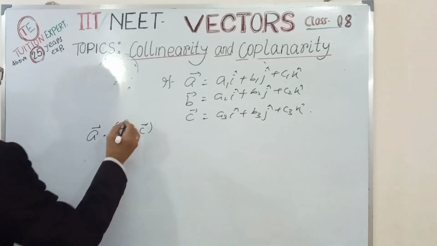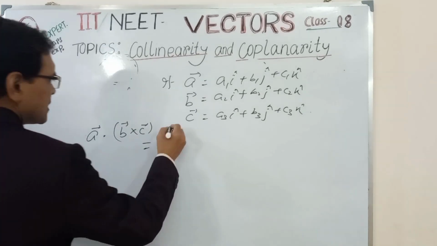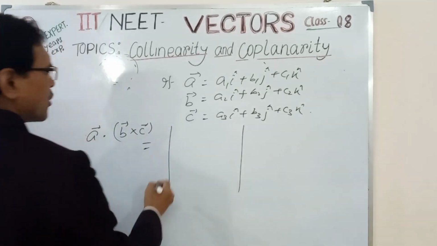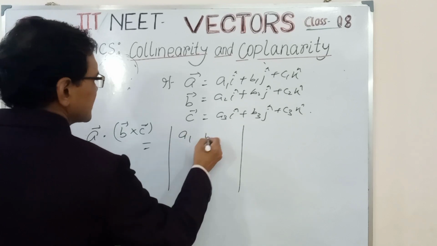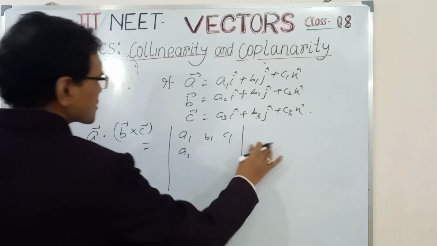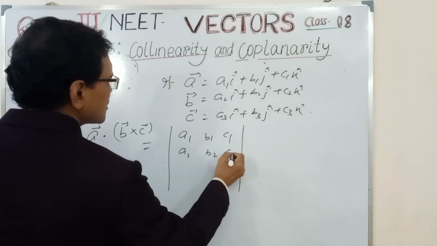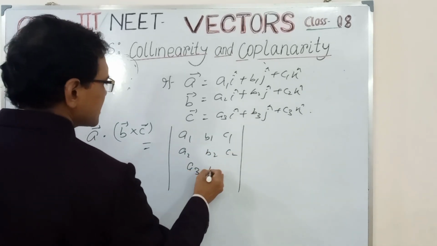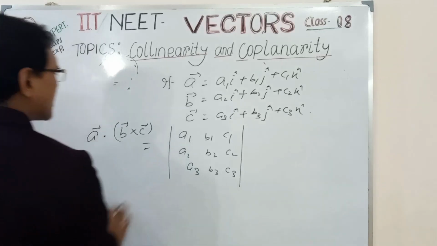This becomes actually a determinant formed by these elements: A1 B1 C1 in the first row, A2 B2 C2 in the second row, A3 B3 C3 in the third row.